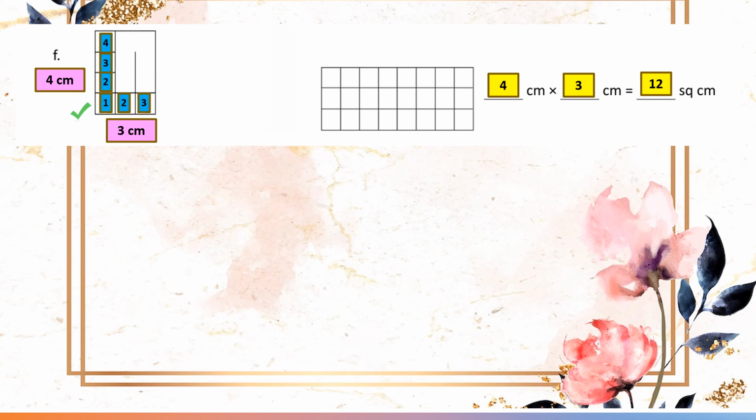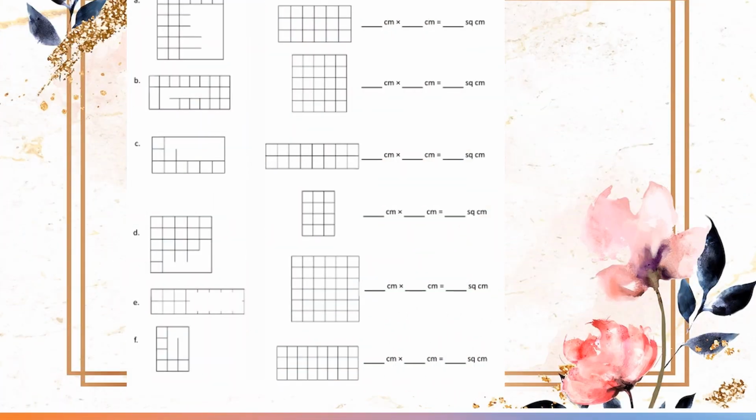All right, now we found the areas for all of our arrays. Now we're going to match the arrays that we found the areas for with the completed arrays on the other side of the page.